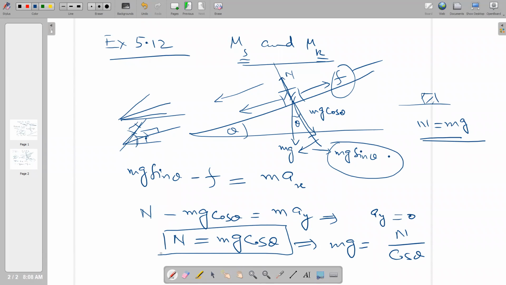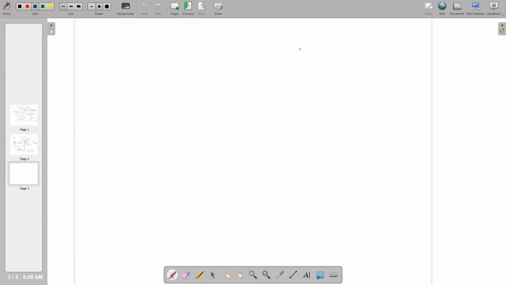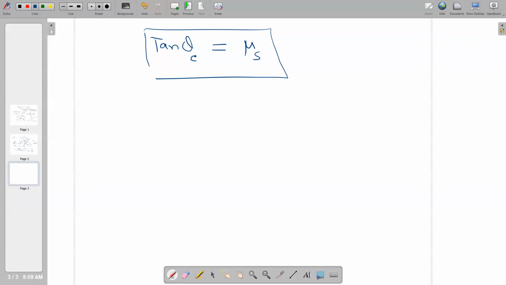If we solve it, I'm not solving this one, I just write the formula. The formula is tan theta critical, where it is going to start, is equal to mu s. So remember this formula. Sometimes in the problems, you have just the theta angle and mu s and mu k are not given in the question.